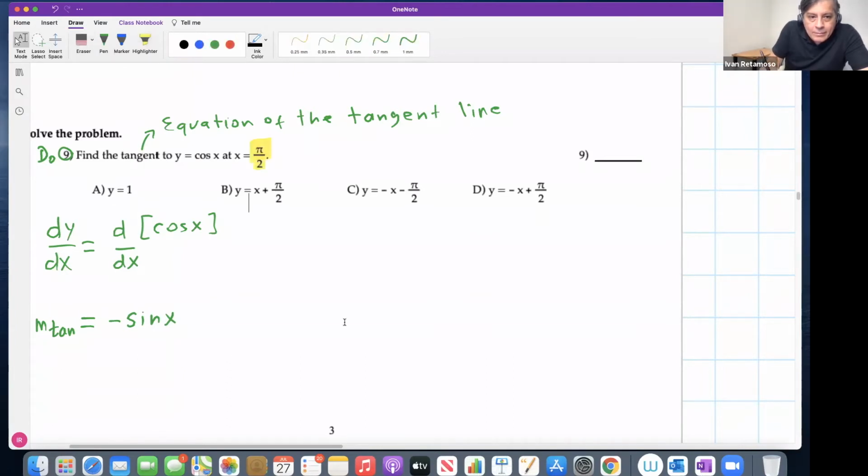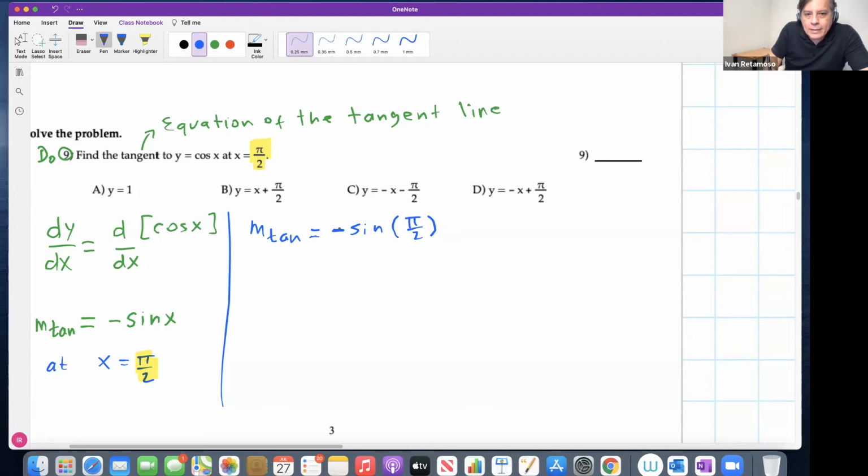I want the slope at this value of x, pi over 2. So if you substitute x equals pi over 2, then you will see that the slope of your tangent line will be negative sine of pi over 2, right?